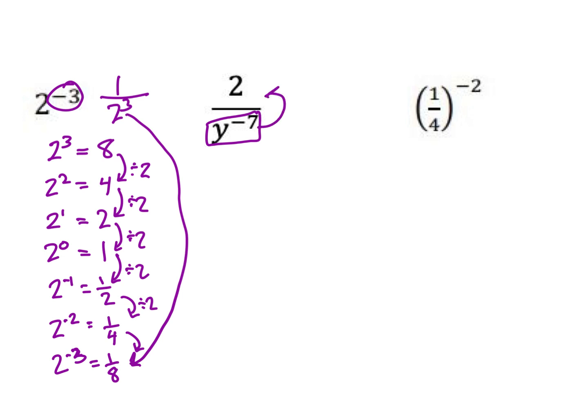I'm just going to move that negative power to the top and make it a positive power: 2y to the 7th. If it is a fraction with numbers, you're going to take that fraction and write it as its reciprocal, and change the power to a positive. Then simplify if you can. I noticed that 4 to the second power is 16, and I don't need to put it over 1, even though I could.